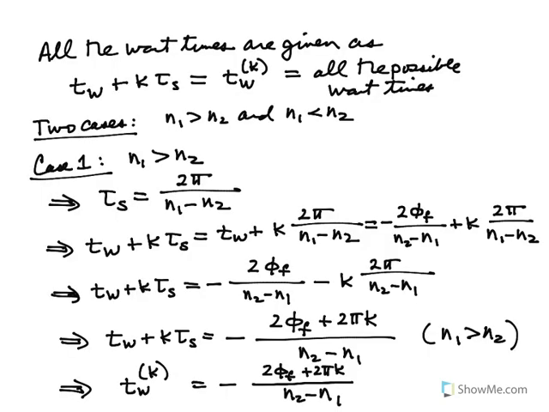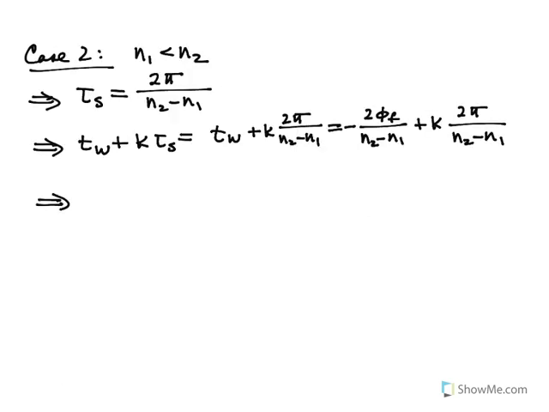And so now we go through this again, and we wind up with t sub w plus k times tau s is equal to, now in this case we wind up with a minus sign, and we've got 2 phi f minus 2 pi k all divided by n2 minus n1.